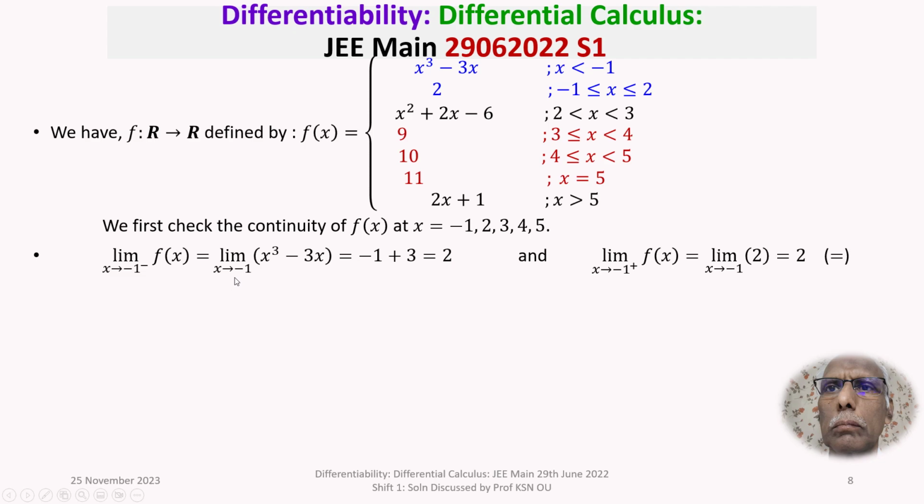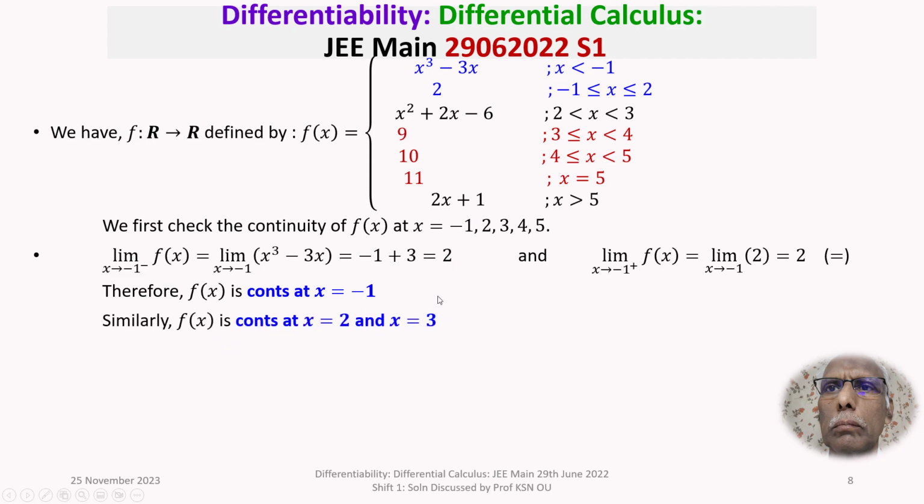Computing the limit as x goes to minus 1, you will get 2. And for minus 1 plus, it is also 2. So the left hand limit is equal to the right hand limit, therefore it is continuous at x equal to minus 1. Similarly, f of x is continuous at x equal to 2 and 3.